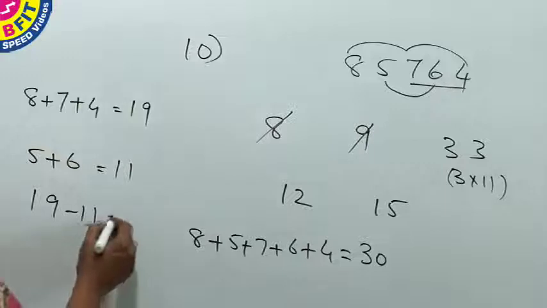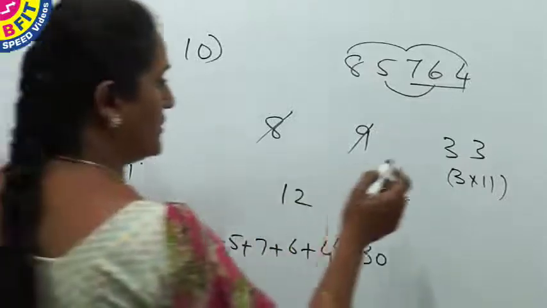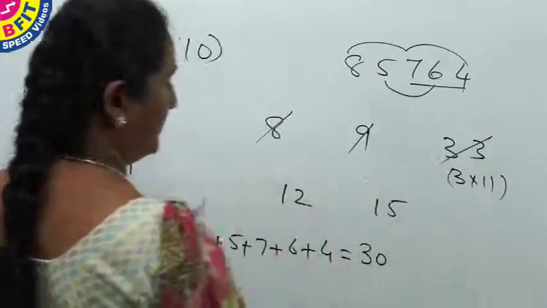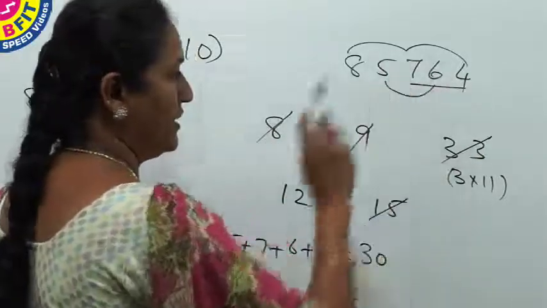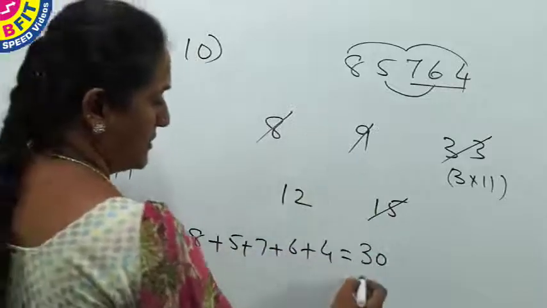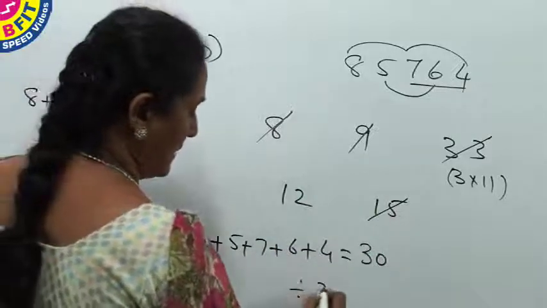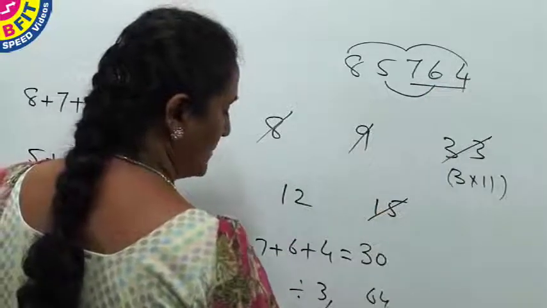The difference between them should be equal to 0 or a multiple of 11, but we have 8 here, so the number is not divisible by 33. And it is not divisible by 15 because the last digit is 4. The sum of the digits is 30, so it is divisible by 3, and also the last 2 digits, 64, are divisible by 4.